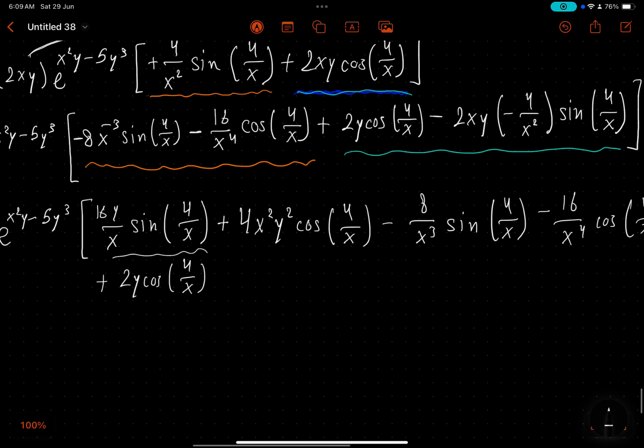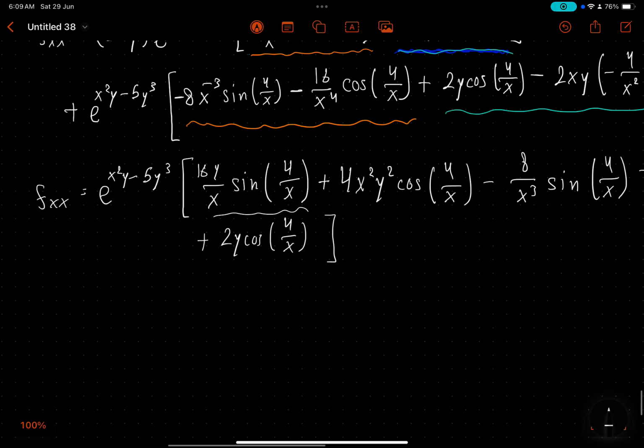We can further simplify this by doing fxx equals e to the x squared y minus 5y to the 3 multiplied by, now we can get all of the cosines and sines.